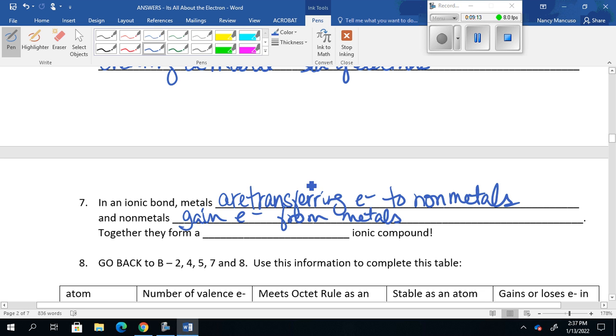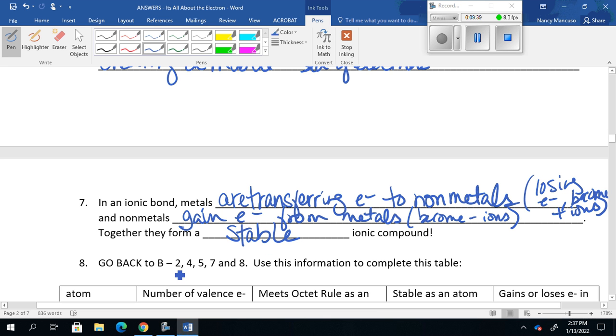The metals are losing the electrons, so they become positive ions. And the nonmetals, when they gain the electrons, become negative ions. Together they form a stable ionic compound.